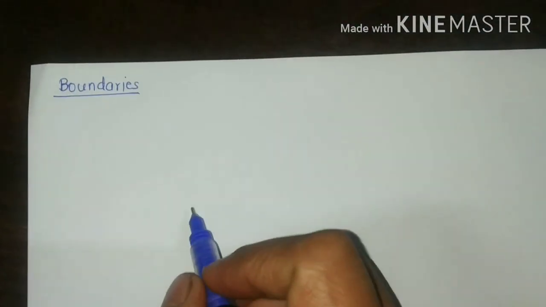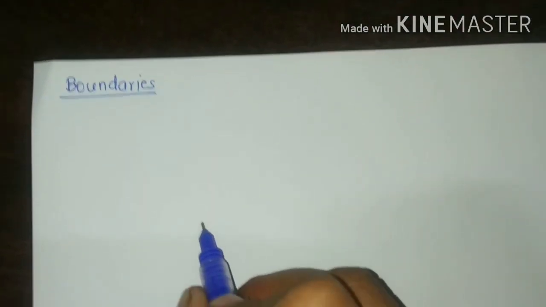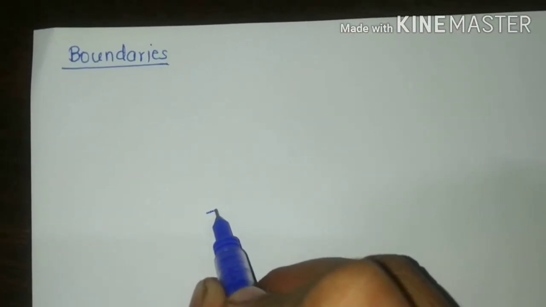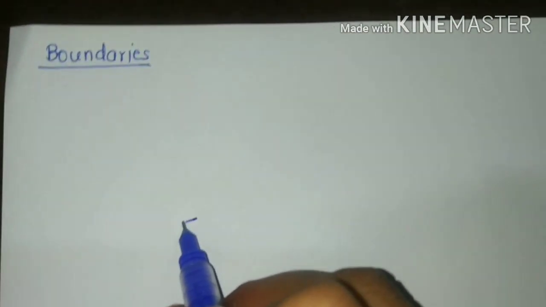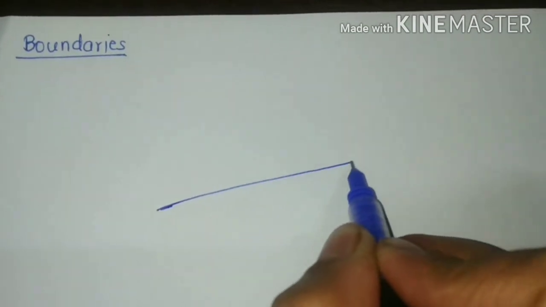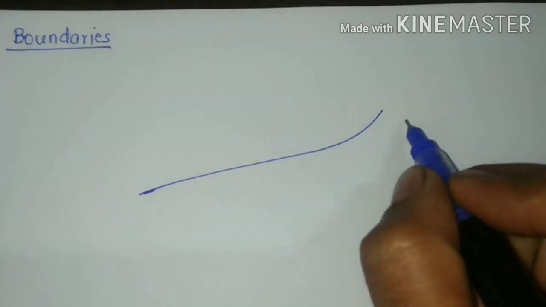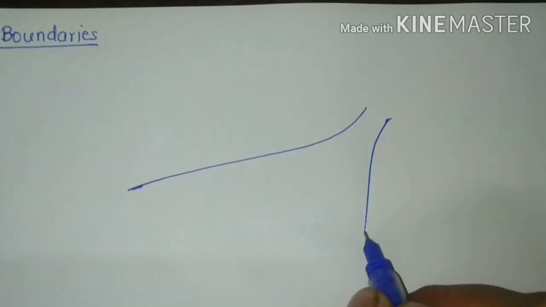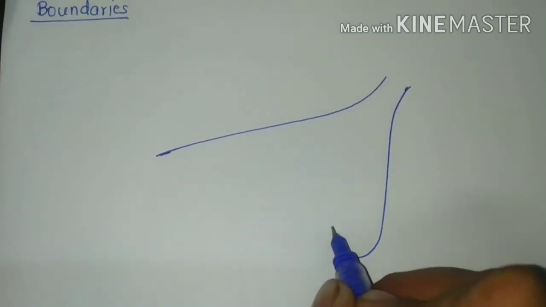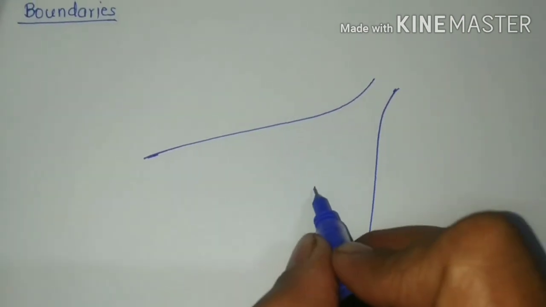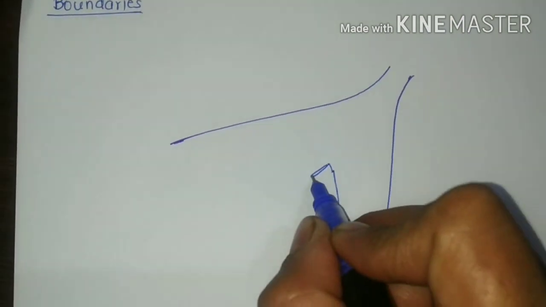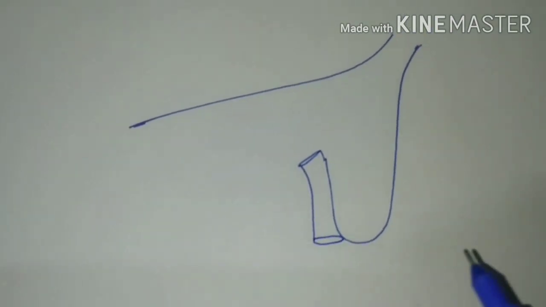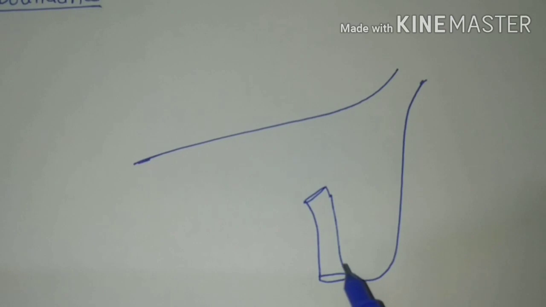So for that we will go to a simple diagram showing the medial wall, roof, floor, anterior wall and posterior wall. This is the roof. We know that posteriorly there lies the mastoid process. This is the facial canal with the stylomastoid foramen.